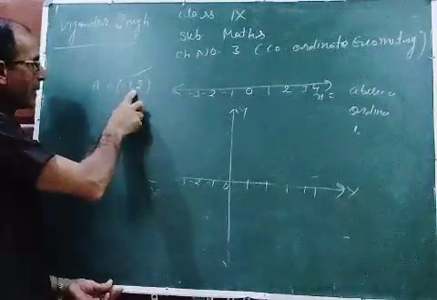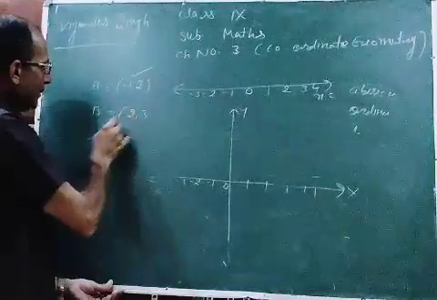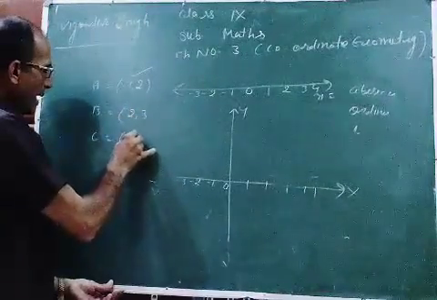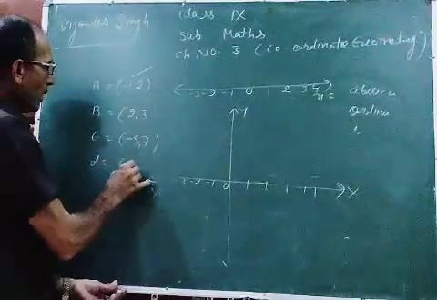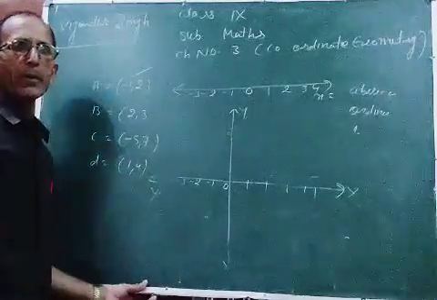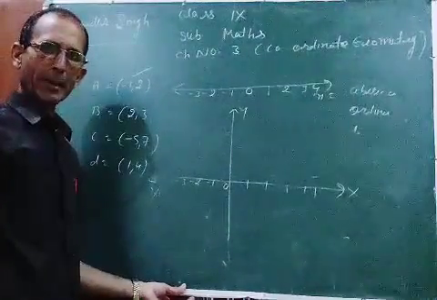So A (-1, 2), B (2, 3), C (-5, 7), D (1, 4). We have to represent these coordinates on the graph paper.